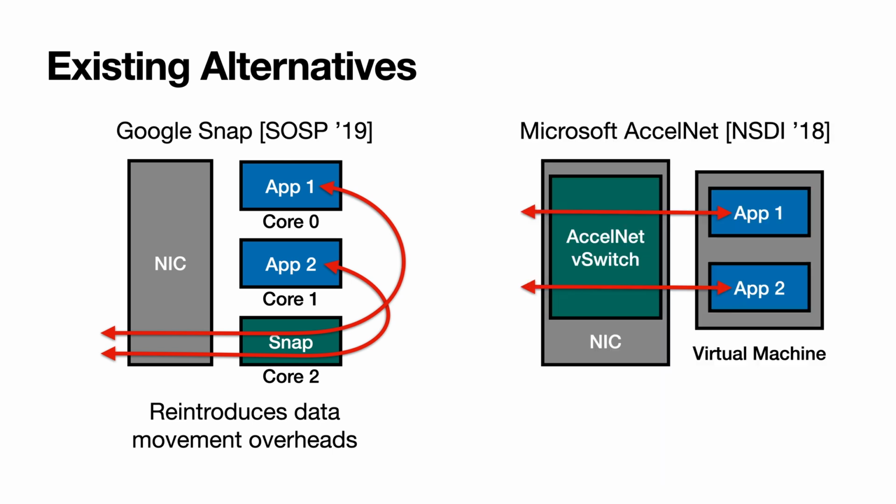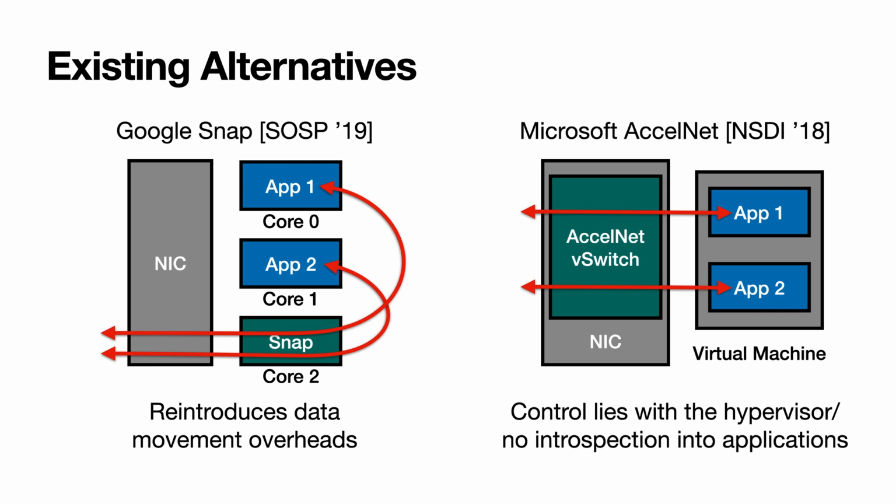Another alternative is Microsoft's AccelNet. And what AccelNet does is move a virtual switch to the NIC. And again, because this virtual switch can interpose between applications and the network, it can also implement some policies. The problem is that in AccelNet, the control lies with the hypervisor, so it has no visibility into the applications running inside virtual machines.